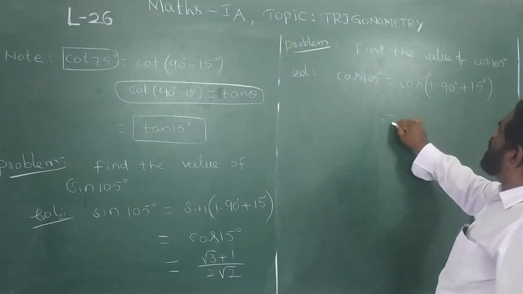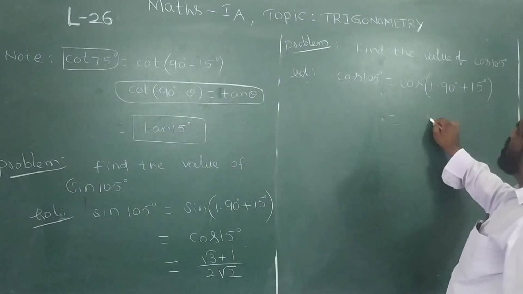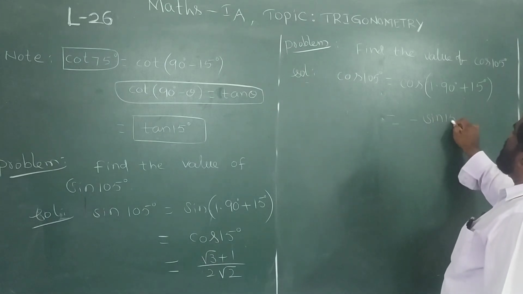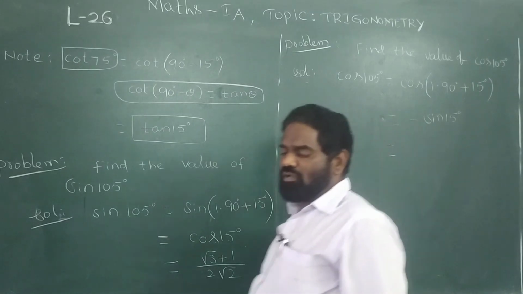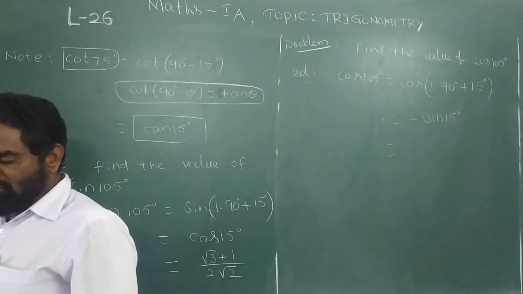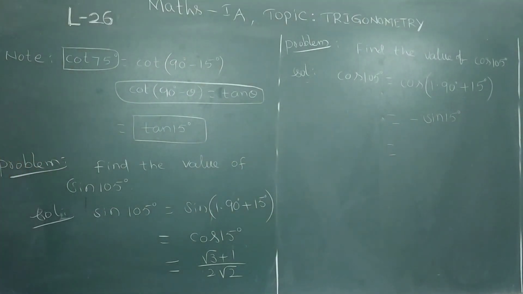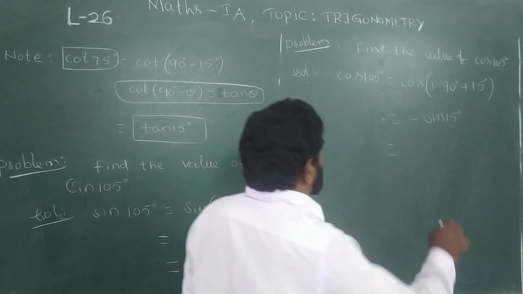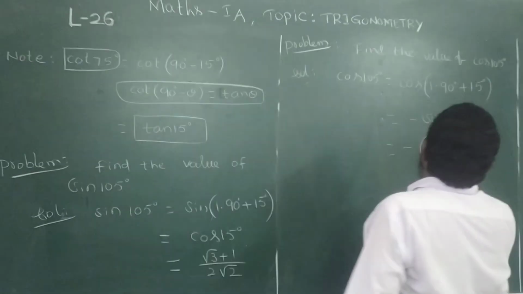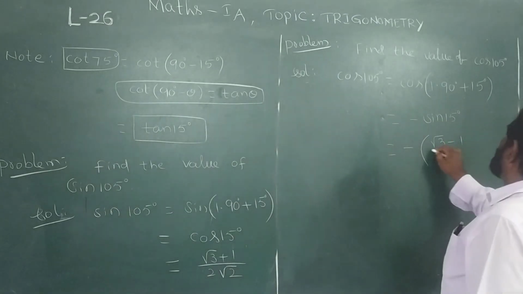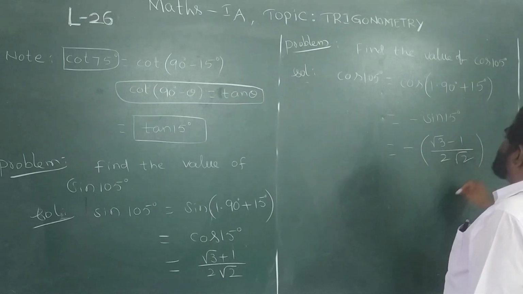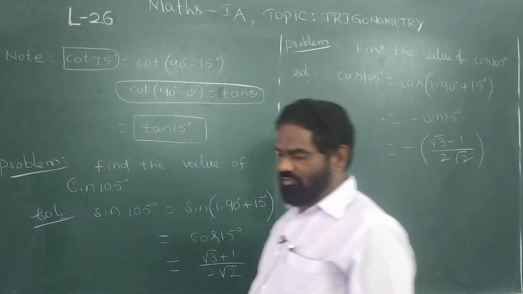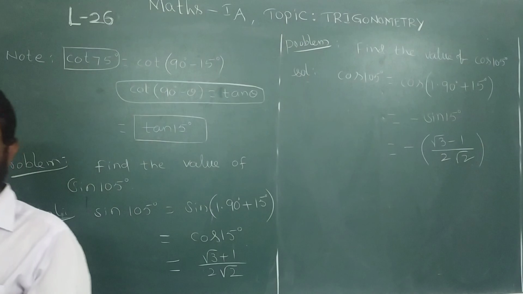Cos of 1 into 90 plus 15 is minus sine 15 degrees. So, cos 105 degrees equals to minus sine 15, which is root 3 minus 1 by 2 root 2. Okay? Because this value equals to cos 75. The remaining we should do in the next class.